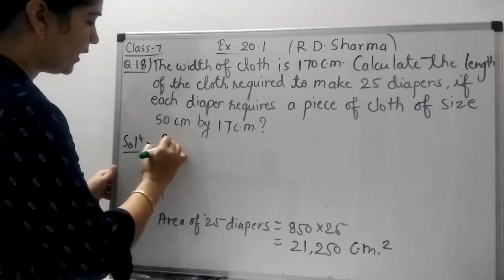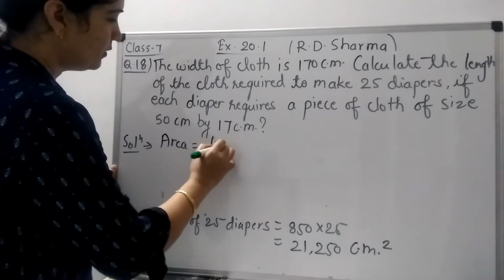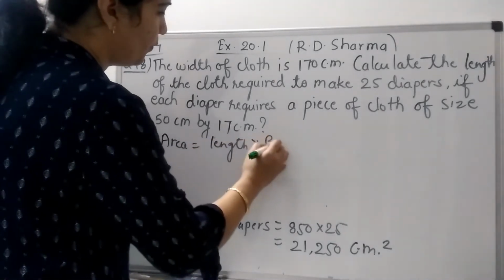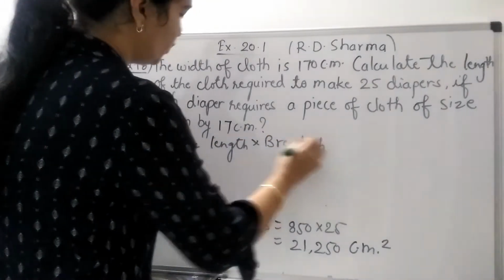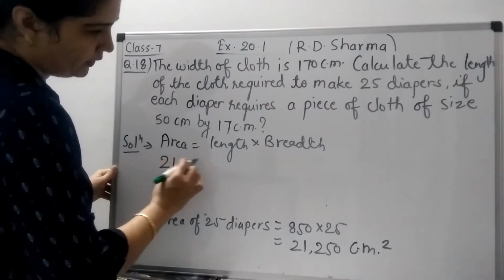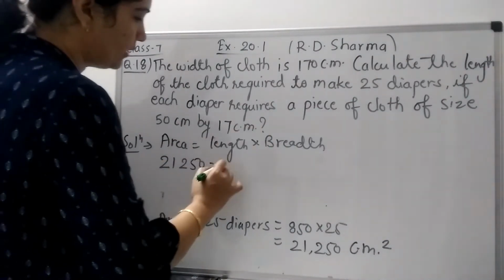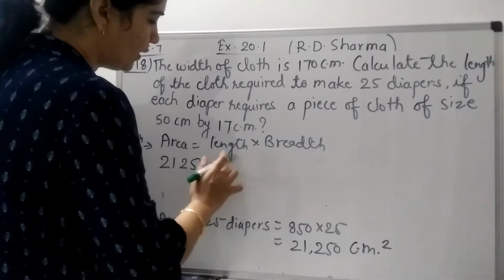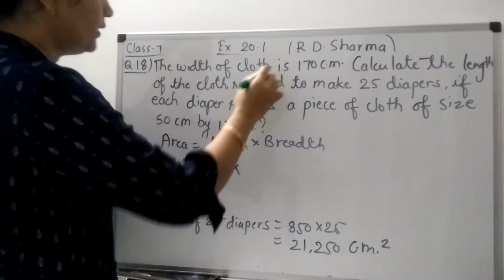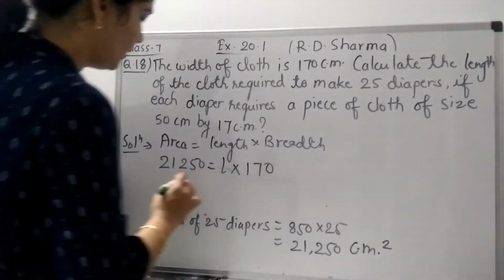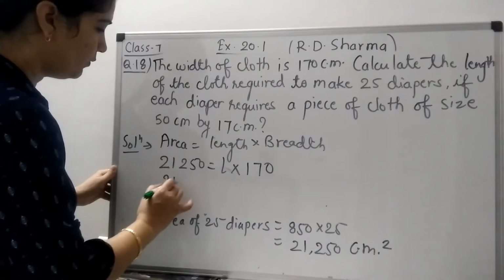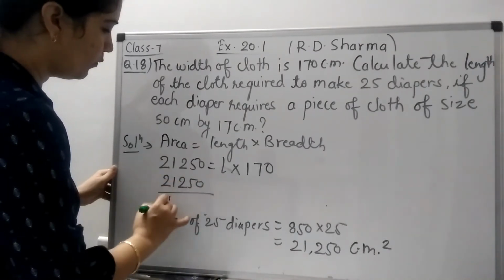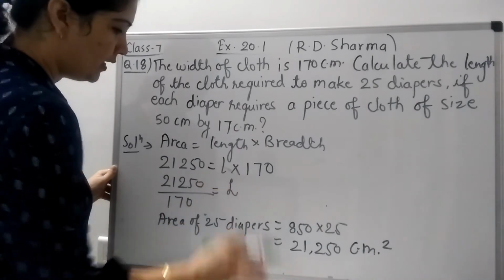So as we know, area is equal to length into breadth. So 21,250 equals length, which we have to find out. So I am just writing L for that, and width is 170. So 21,250 divided by 170 will give you the length.